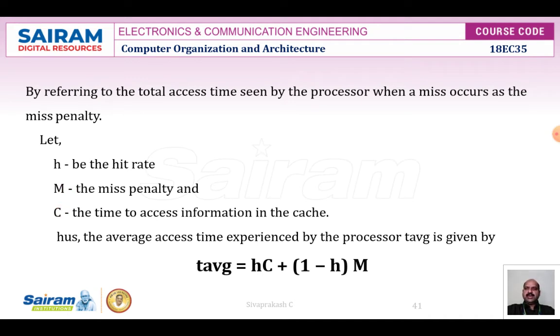Thus we can calculate the average access time experienced by the processor. T average equals h times C plus (1 minus h) times M, which is the formula to derive the average access time experienced by the processor. Let us see an example.